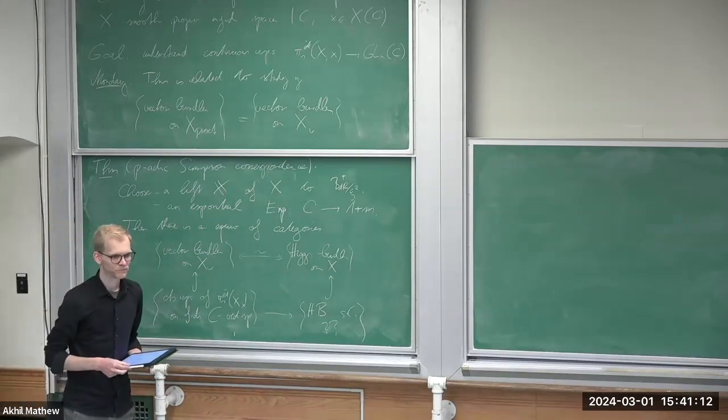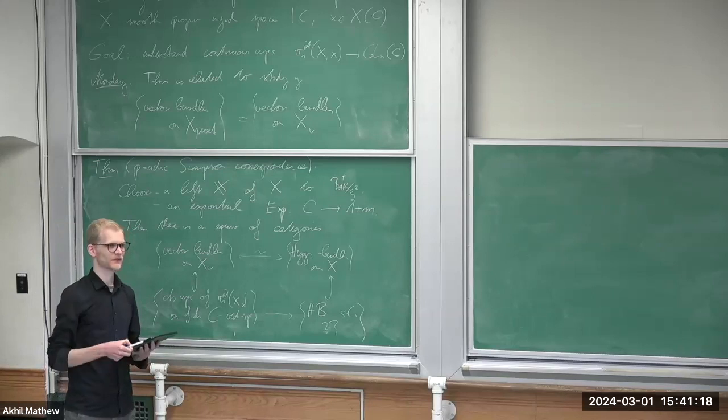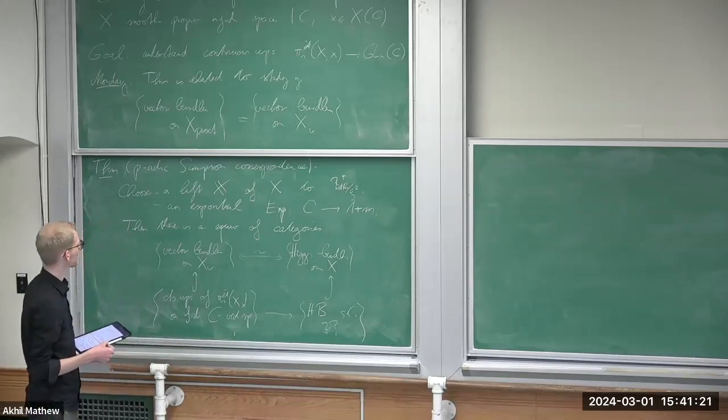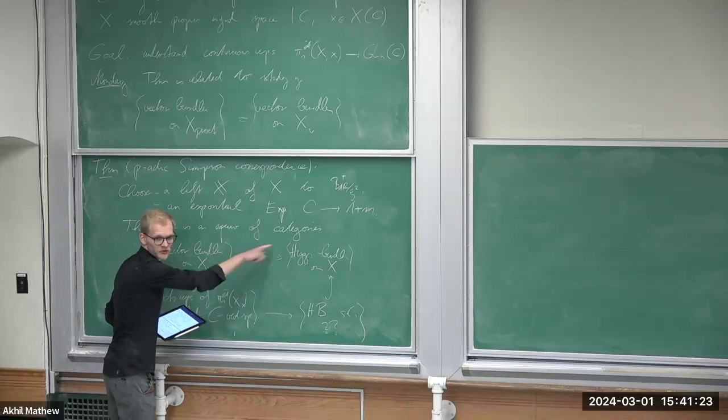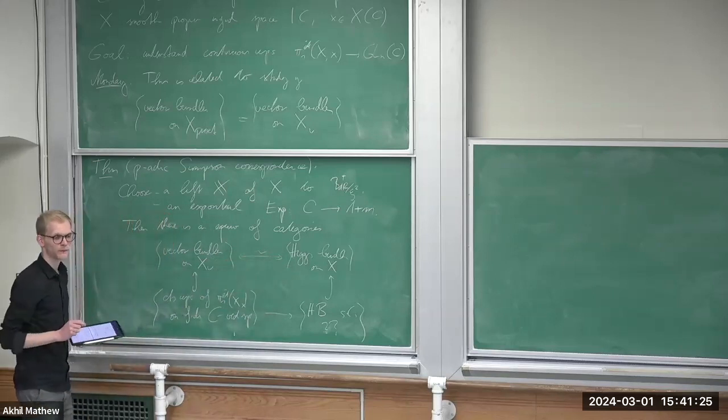Yes. So, are these subtleties explained in at least one of the papers? Yes. In the one in which this correspondence is proved. And I can explain it to you. No, no, sorry.